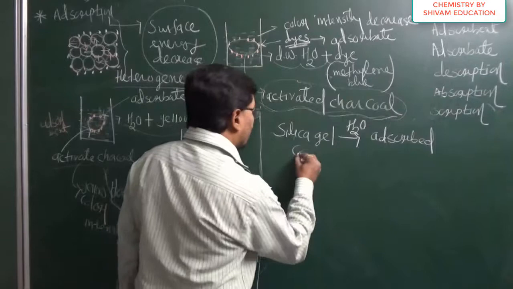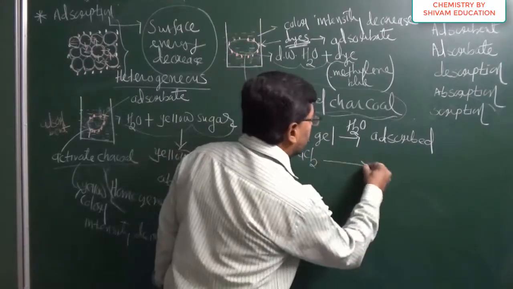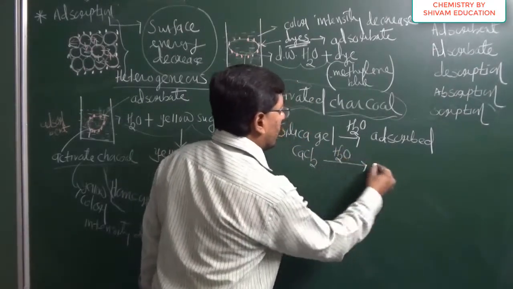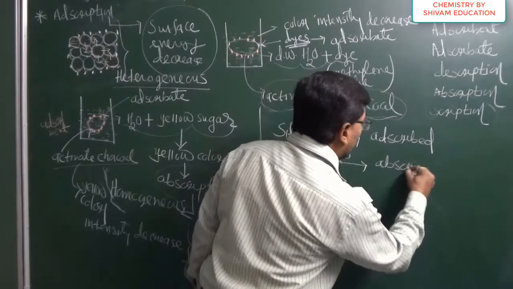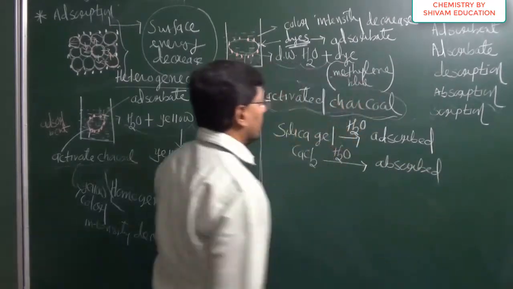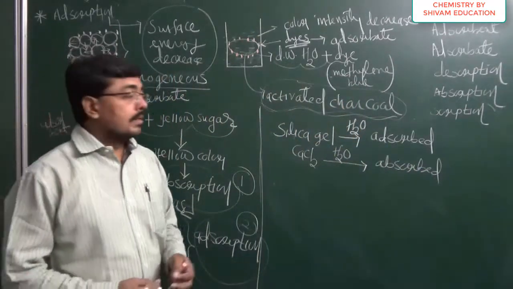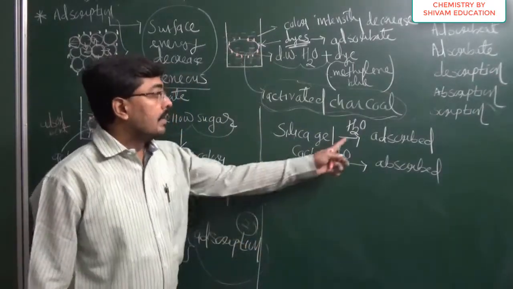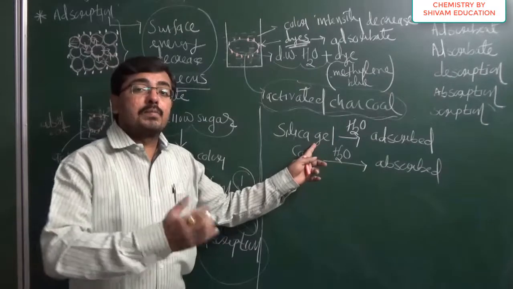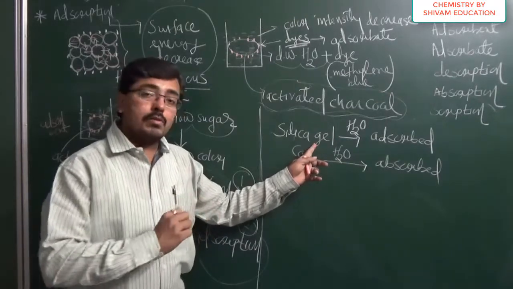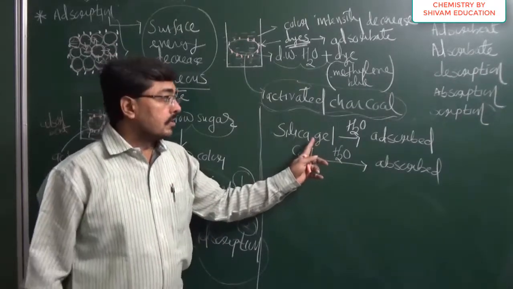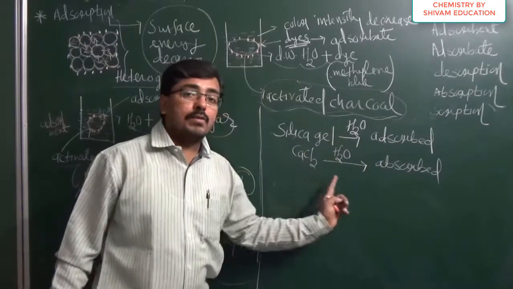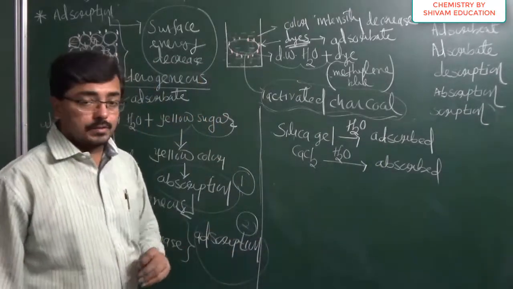But suppose we have taken calcium chloride, then in calcium chloride, water molecules will absorb. So in calcium chloride the water molecules will be thoroughly and uniformly spread, while on silica gel the water molecules will be present only on the surface. So the first phenomenon is adsorption and the second phenomenon is absorption.